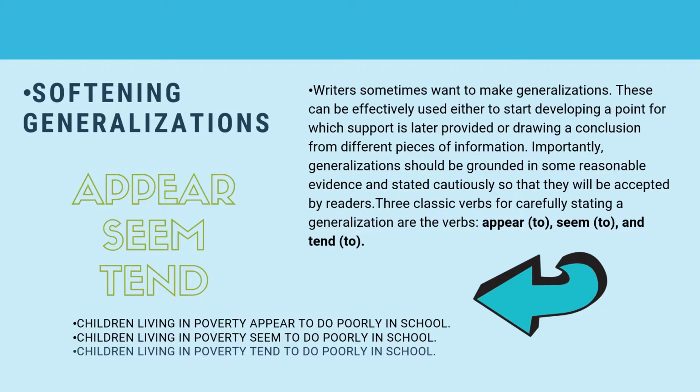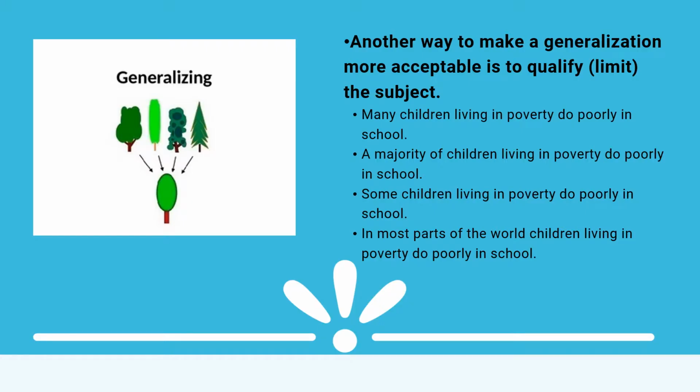For example, children living in poverty appear to do poorly in school. Children living in poverty seem to do poorly in school. And finally, children living in poverty tend to do poorly in school. Another way to make a generalization more acceptable is to qualify or limit the subject.